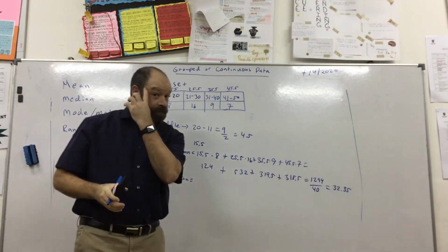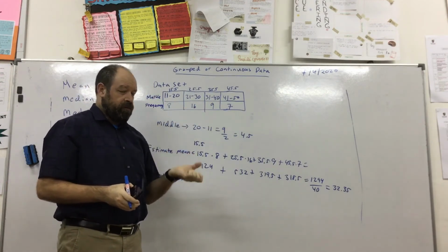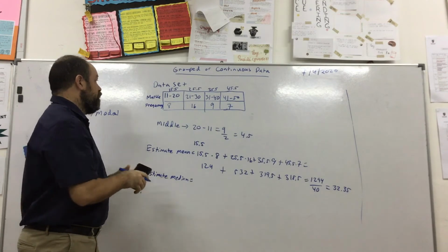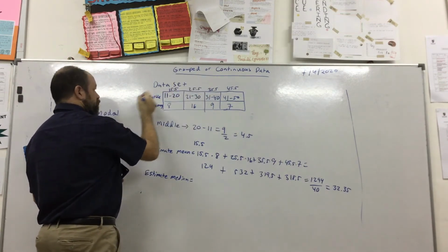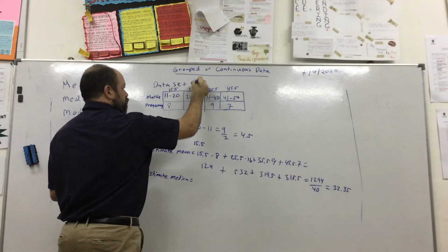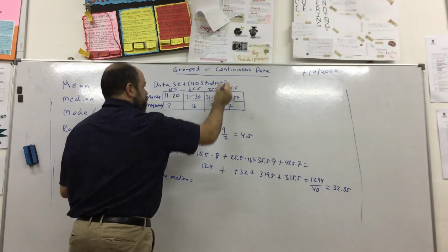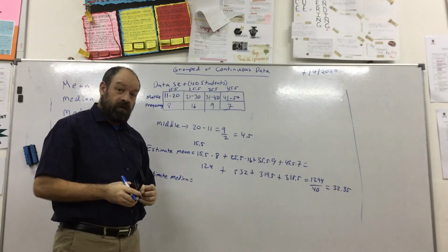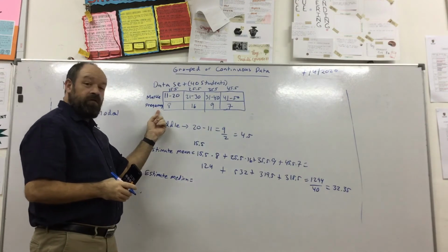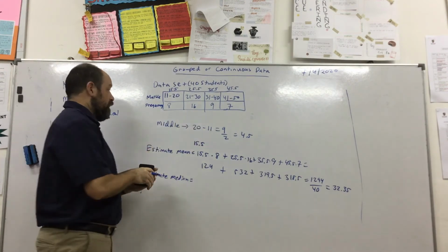Estimated median. How we do that with a frequency table is actually quite simple. We know that the total number is, we'll just say this is 40 students. So we know that half of 40 students is 20. So we start from the left and count to 20. This is 8, so 20 is going to be in here, right?